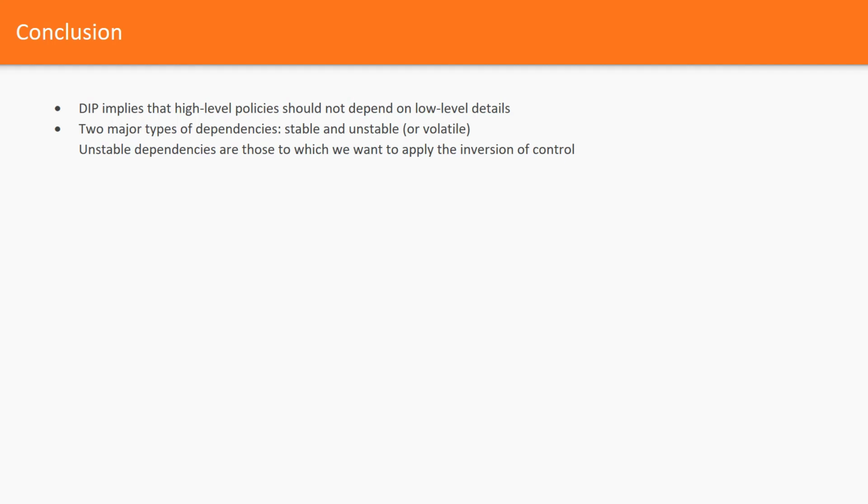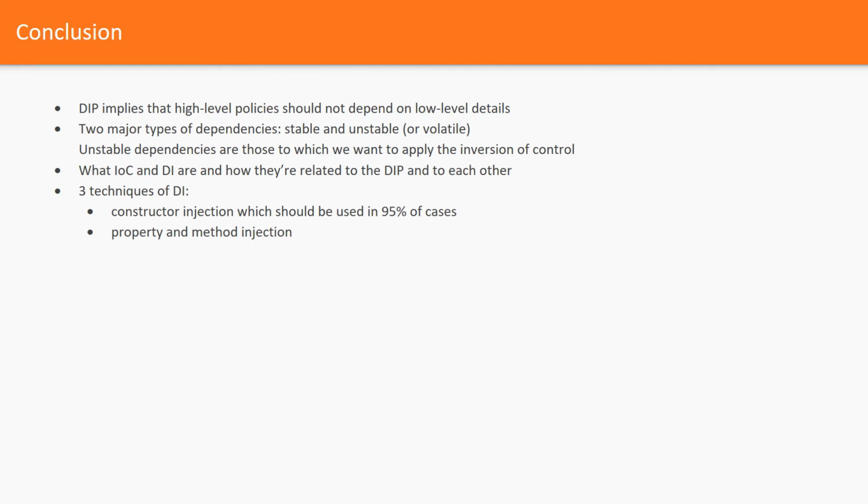Unstable dependencies are those to which we won't apply the inversion of control. What inversion of control and dependency injection are, and how these notions are related to the DIP and to each other. Three techniques of dependency injection: constructor injection, which should be used in 95% of cases, and property and method injection.